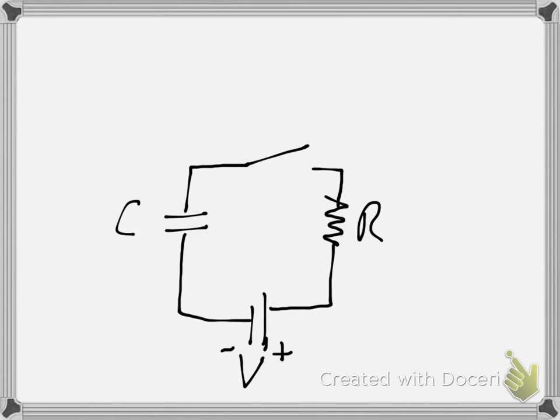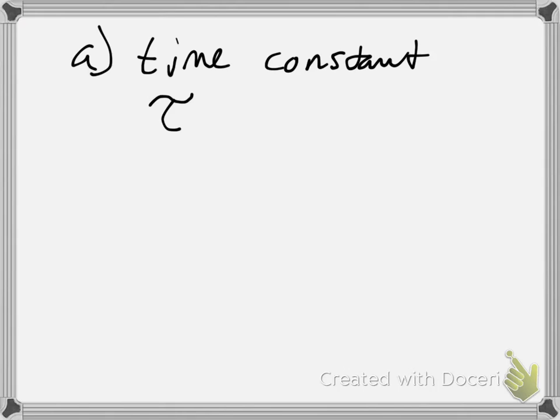And they label it E, and again, for our purposes, E and V are the exact same thing. What we want to know is the time constant, part A. The time constant is denoted as tau, and remember that that is just the quantity RC.